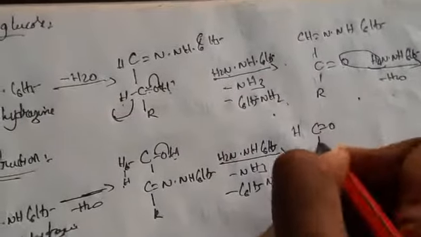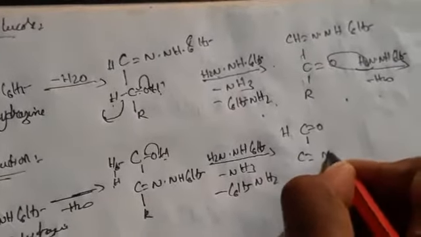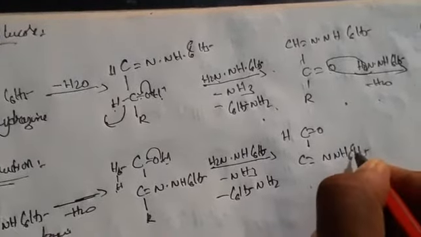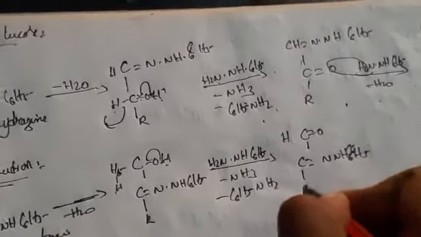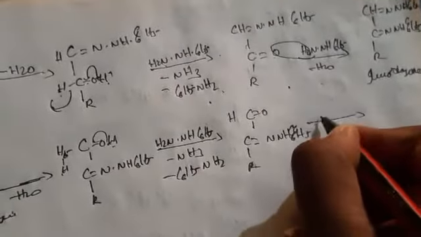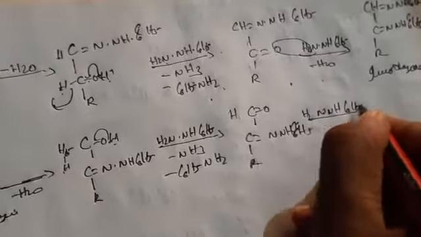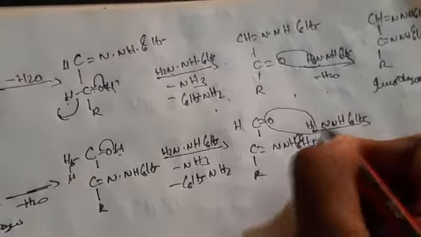CH double bond O, C double bond N NH C6H5, R. So again if you add phenyl hydrazine, NH2NH C6H5, here a water molecule is lost, minus H2O.